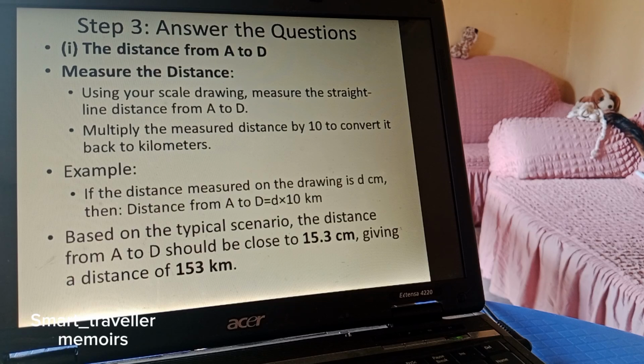If the distance measured on the drawing is D centimeters, then the distance from A to D equals 10 times D kilometers. Based on the typical scenario, the distance from A to D should be close to 15.3 centimeters, giving a distance of 153 kilometers.